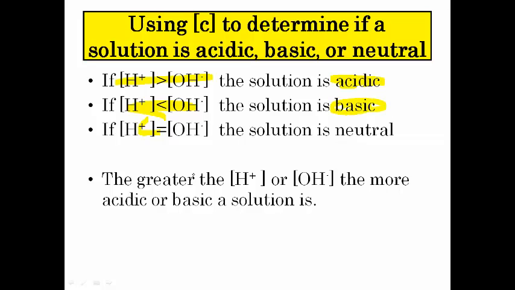If the two concentrations are completely equal, then we say that the solution is neutral. The greater the H plus or OH minus, the more acidic or basic the solution is. So whatever that concentration is determines the acidity or basicity of that particular solution.